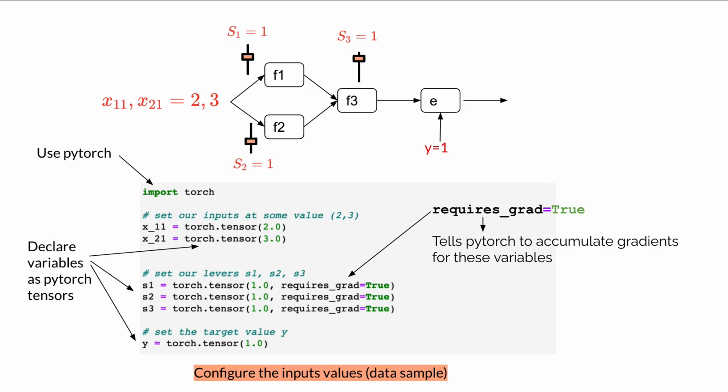This is telling PyTorch, be prepared to accumulate the gradients for these variables. In other words, we want to compute the final output of our error function with respect to these 3 variables, and PyTorch is being instructed to use those 3 variables as the inputs that we want to accumulate gradients for.